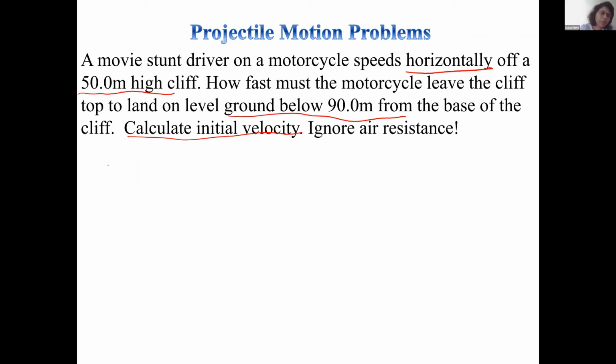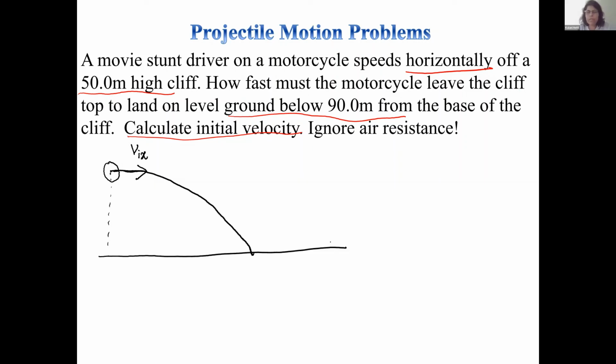So I have an object here, the motorcycle and person, that will travel with initial velocity in x. That is what it's asking us to calculate. This will be my ground level, where the motorcycle will land.